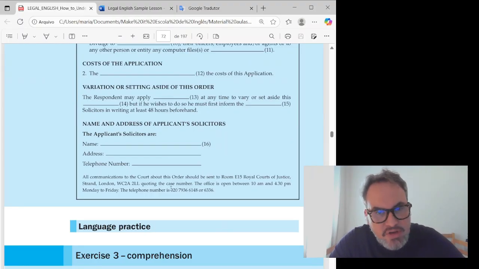Variation or setting aside of this order.